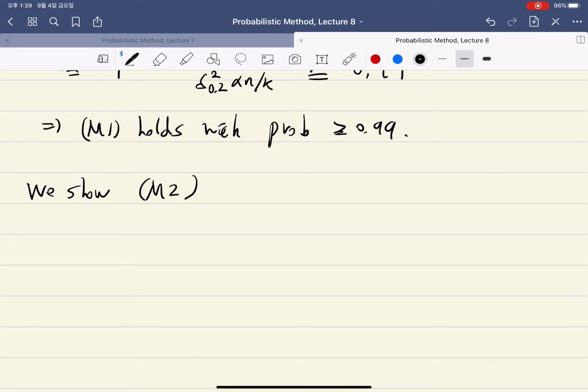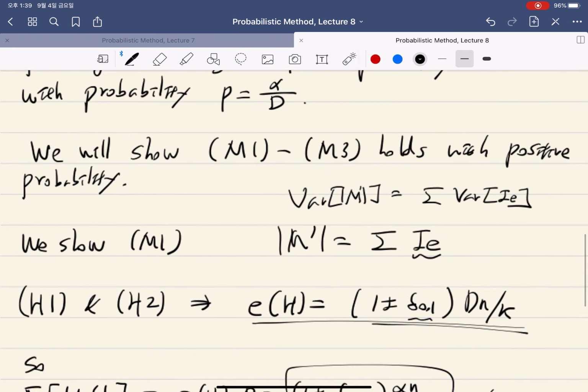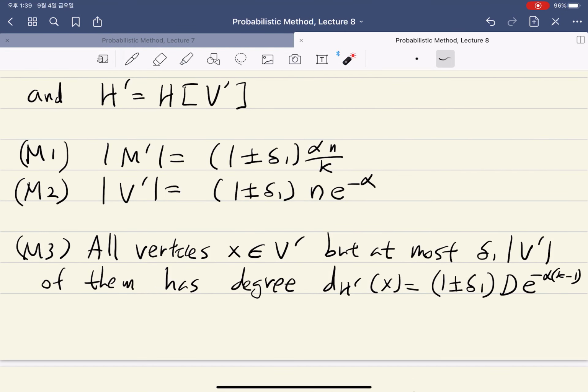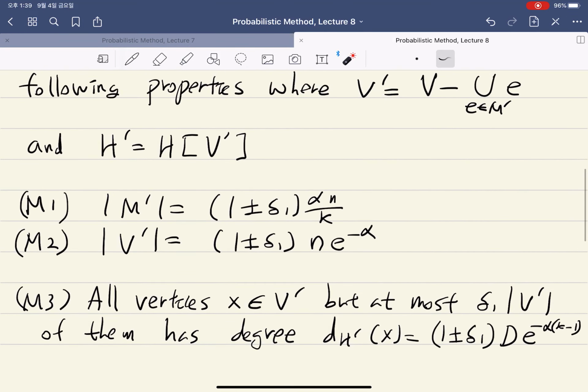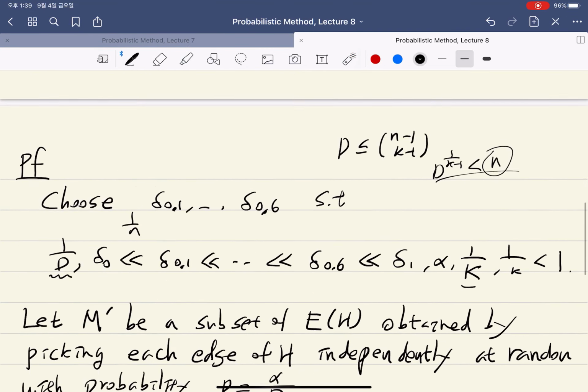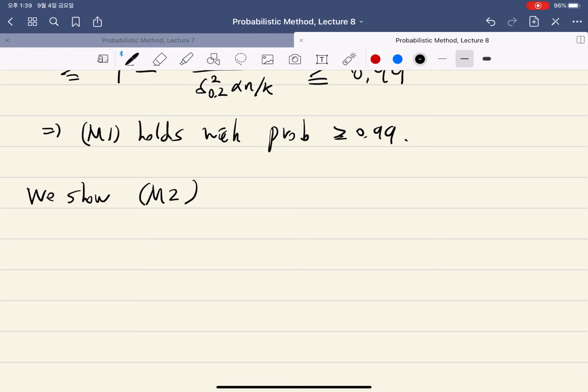M2. So what was M2 again? We want to show that the number of vertices which are not covered by M has size this. So again, our strategy is that for each vertex, we consider the indicator variable, whose summation measures the size of V prime.